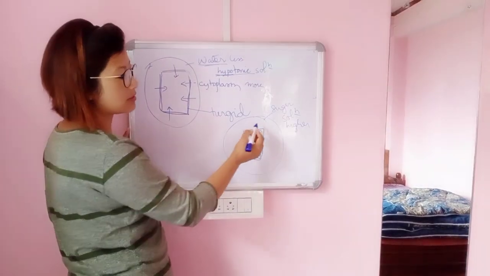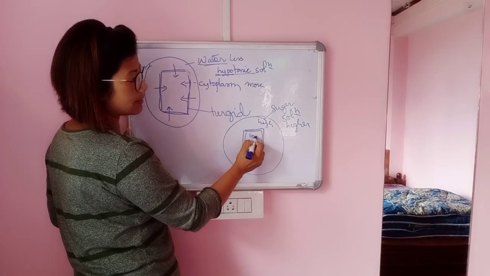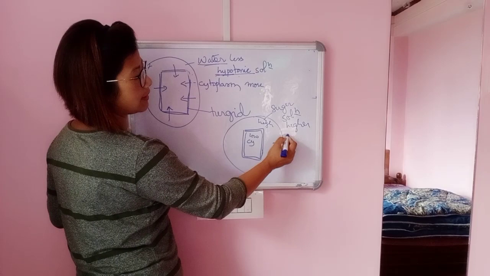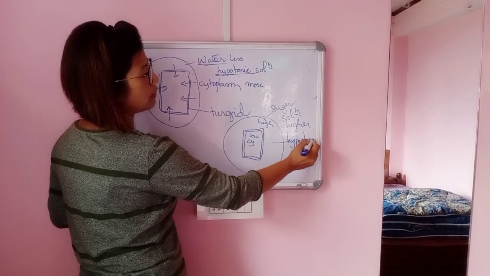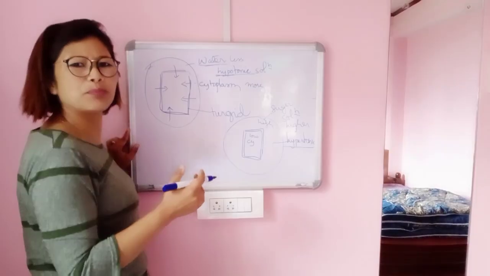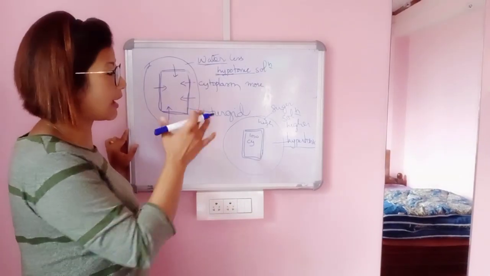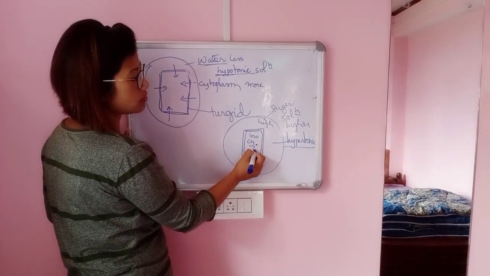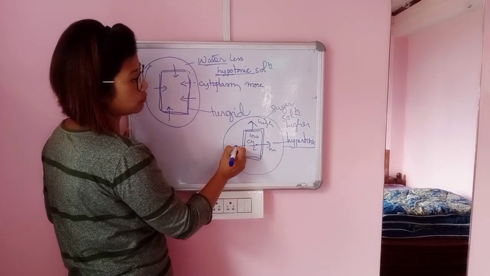So the concentration is high outside and low inside. This solution is called hypertonic. Hyper means it is more. So as in osmosis, water molecules move from low concentrated area to high concentrated area. So the water starts moving outward.